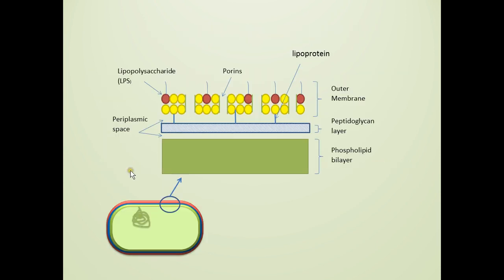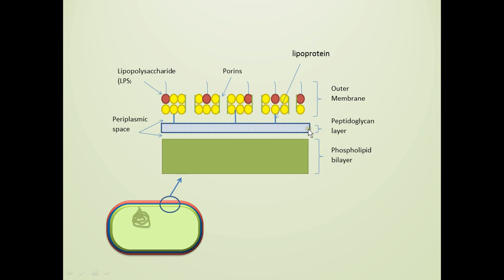So let's look at the typical gram-negative bacterium. Here you'll see that it has three parts to its cell envelope. It has the phospholipid bilayer, or its cell membrane. It has a thin layer of peptidoglycan, and then it has an outer membrane. So here's our cell membrane, here's our outer membrane.